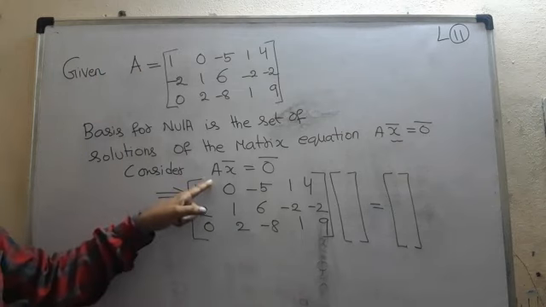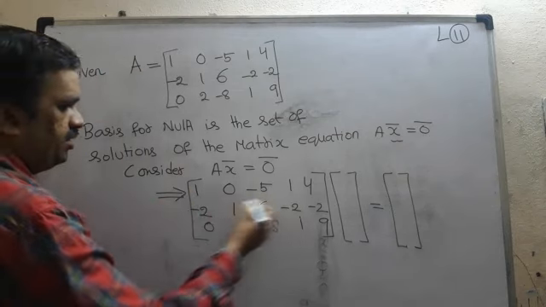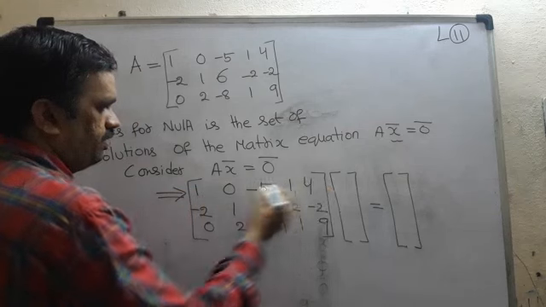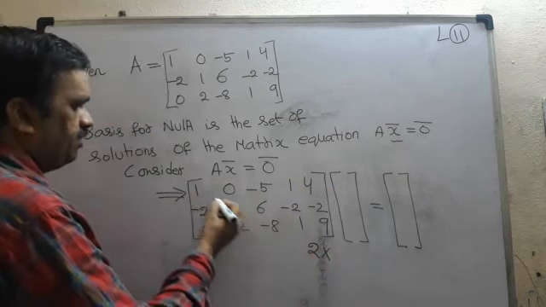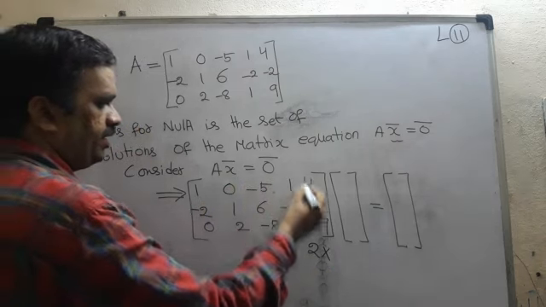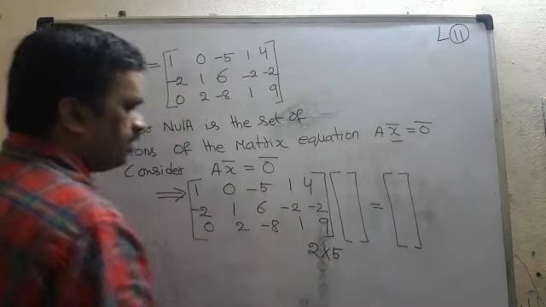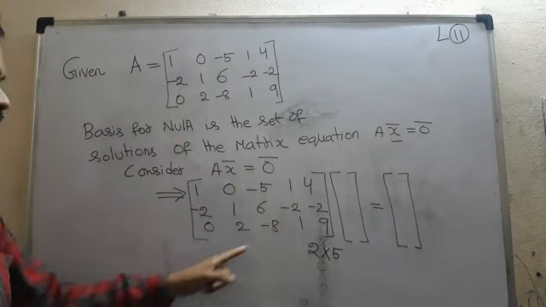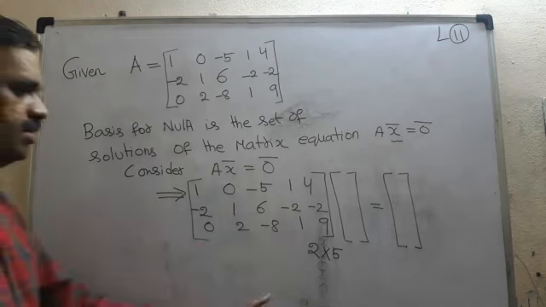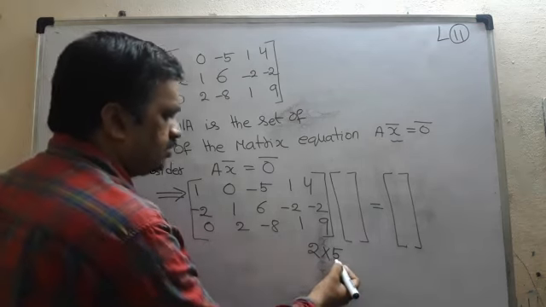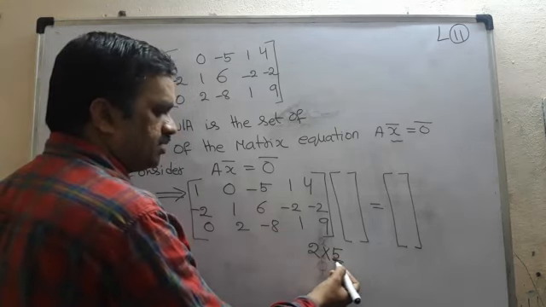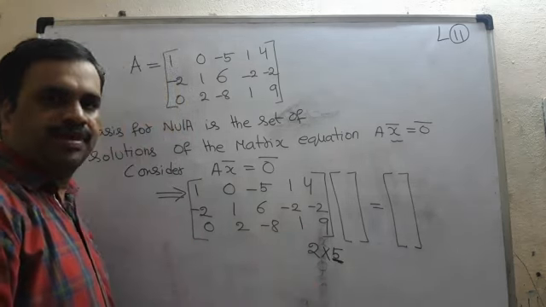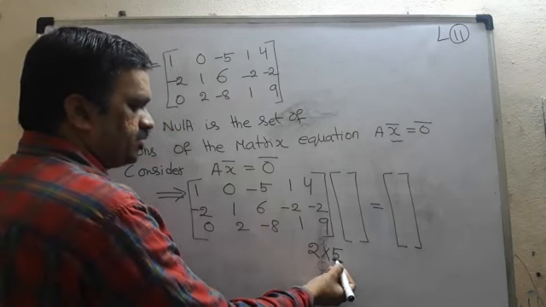Here matrix A has 3 rows and 5 columns. For the product Ax bar to be defined, the number of columns of the first matrix should be equal to the number of rows of the second matrix.